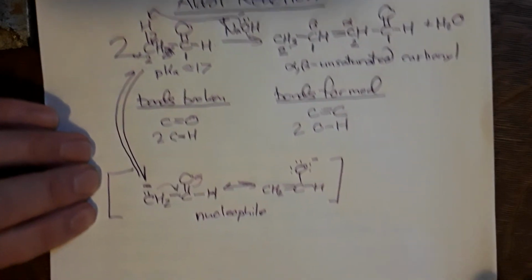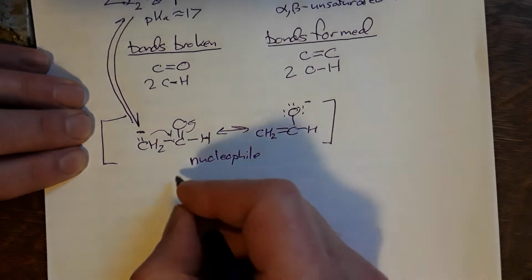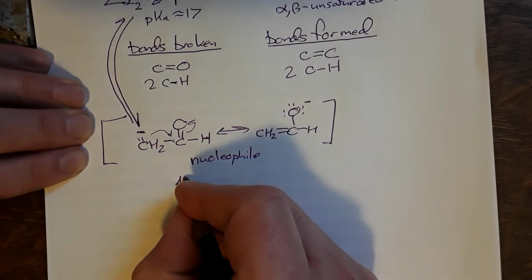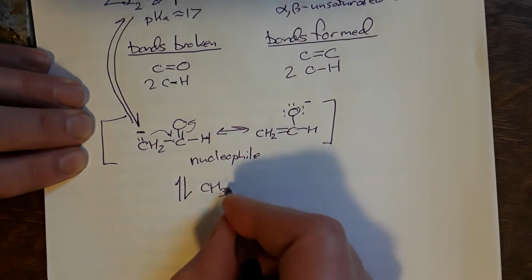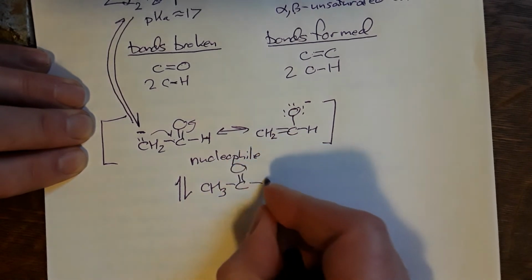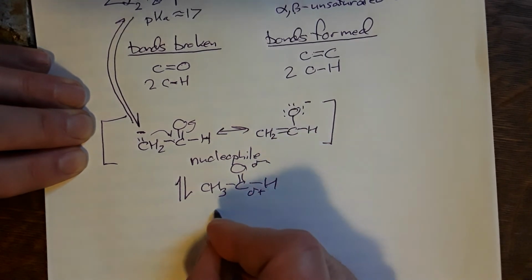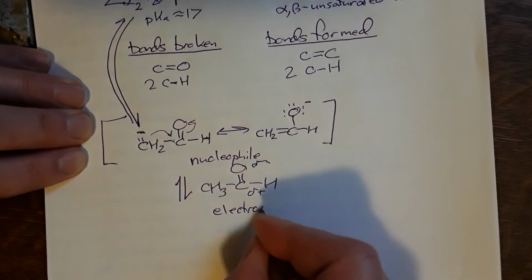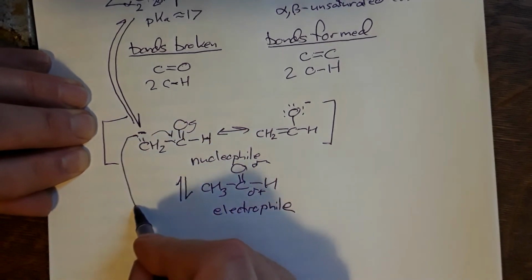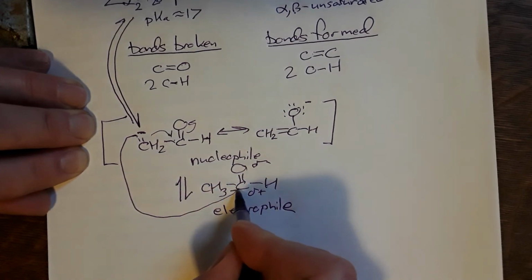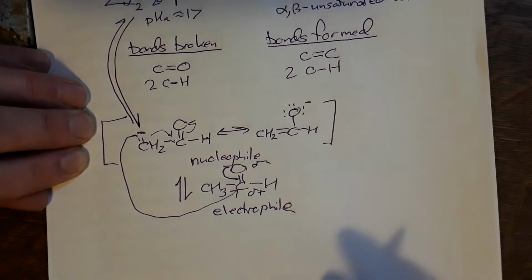So we have a nucleophile and an electrophile, and if one molecule of the electrophile that is still present in solution runs into a molecule of the nucleophile, then we have them reacting.